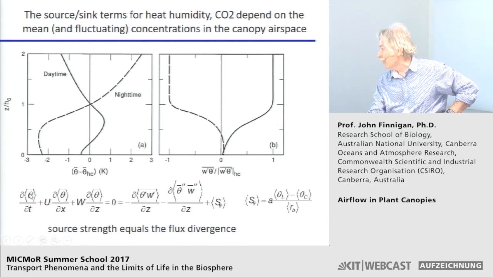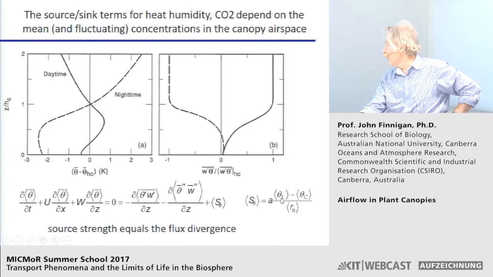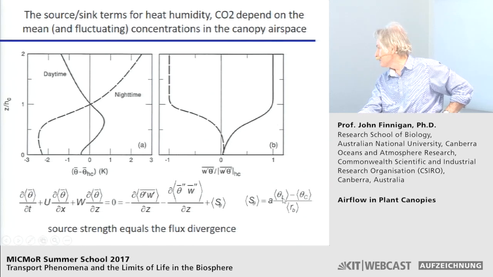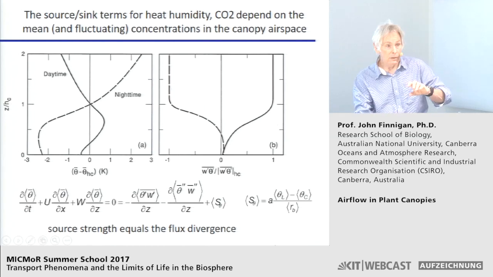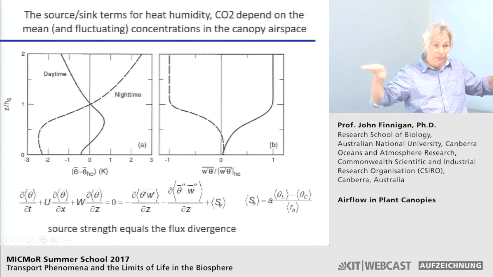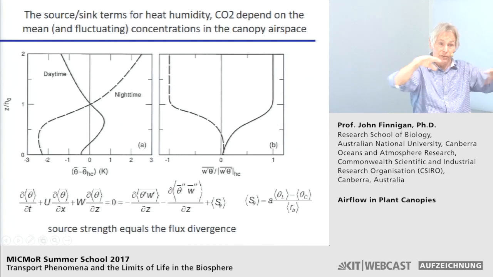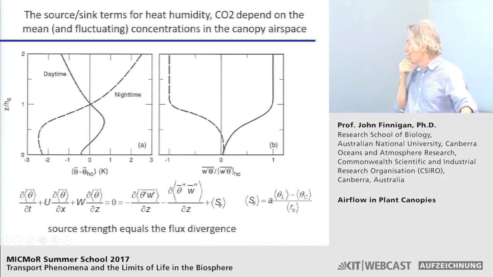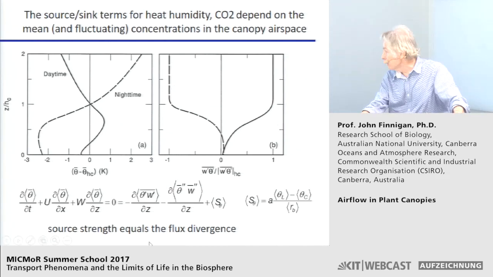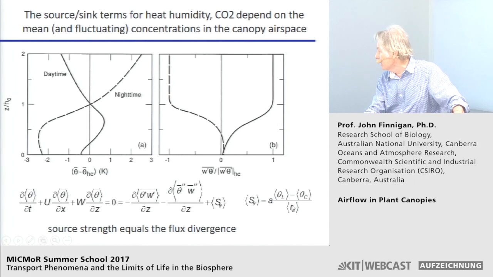So that sets the environment for the individual leaves and plants and their energy balances, and we can write an equation for temperature, which has got these dispersive as well as eddy fluxes and the source sink term. And that source sink term, as we showed, is now often parameterized by the leaf level temperature in a slab, a very wide slab, to average out these leaf-to-leaf variations, and the average canopy temperature divided by a boundary layer resistance.